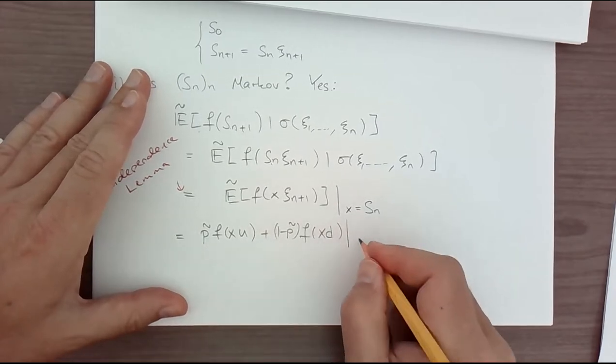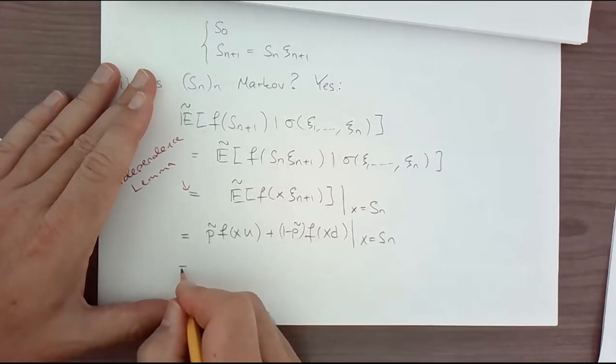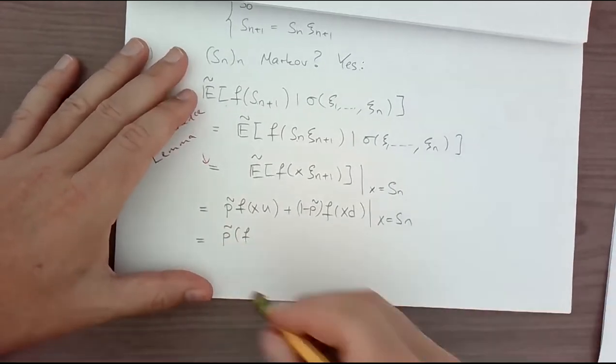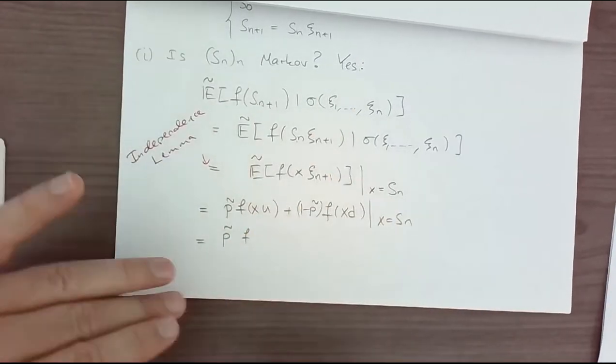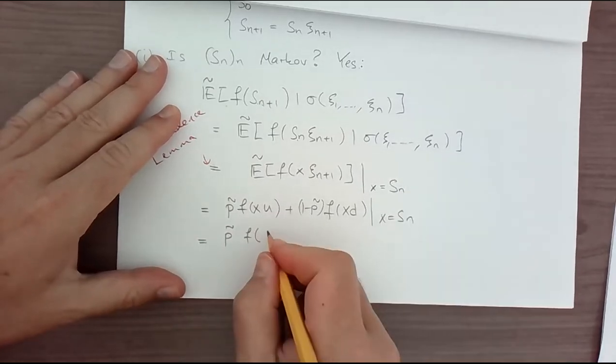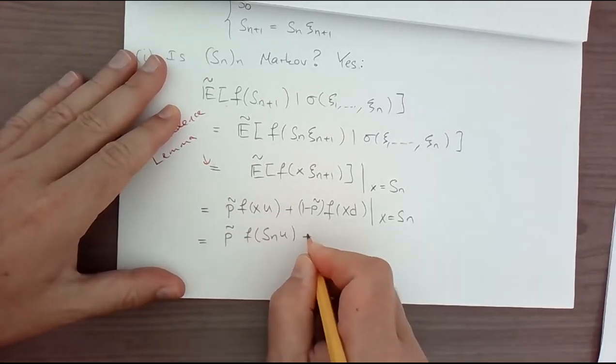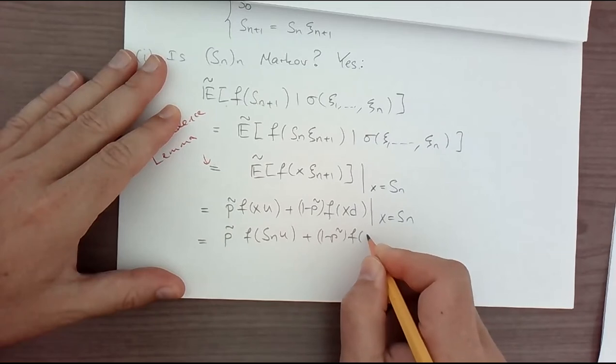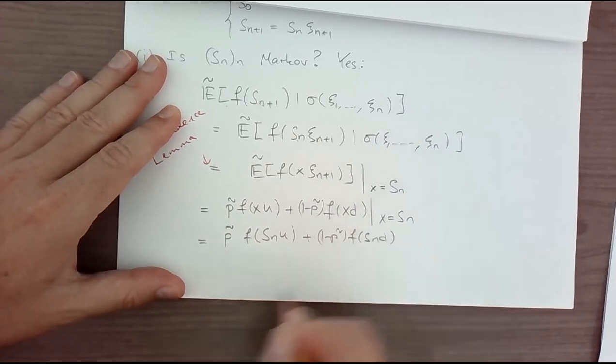When we're done computing, we replace x with Sn. This is P tilde f of Sn u plus 1 minus P tilde f of Sn d.